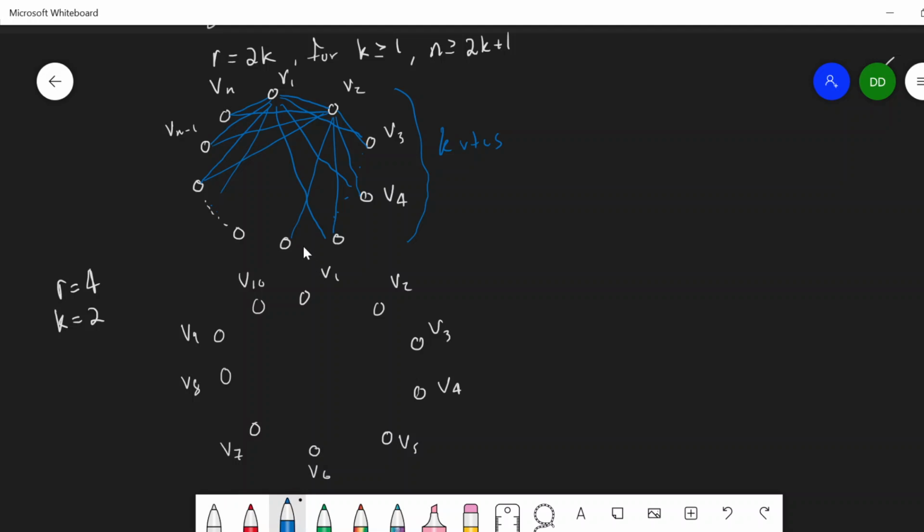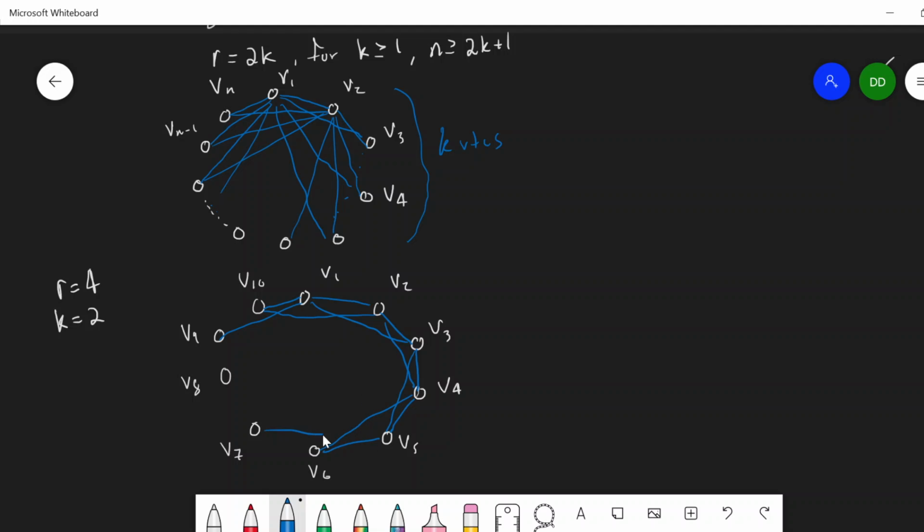At every vertex, I'm going to make it adjacent to the following 2 as well as the preceding 2. So V1 would be adjacent to these 2 and these 2. V2 would be adjacent to V3 and V4, as well as V1 and V10. And I'll just keep going in this way. V3 is adjacent to V4 and V5, as well as the preceding two. V4 is adjacent to those two.